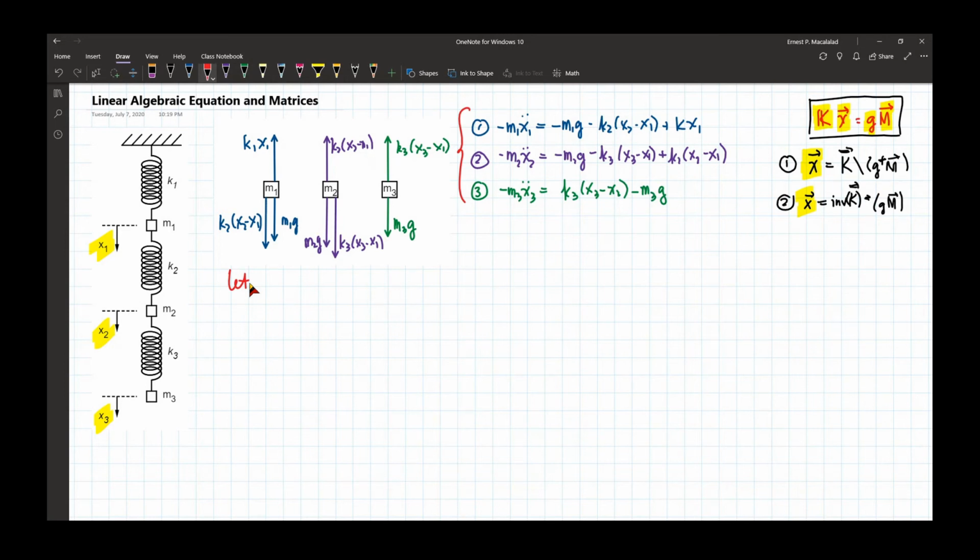Okay? Now, let's say, for example, to make our discussion simpler, we set the system to be in equilibrium, so that means the acceleration of each particle i, where i is 1, 2, 3, is 0.